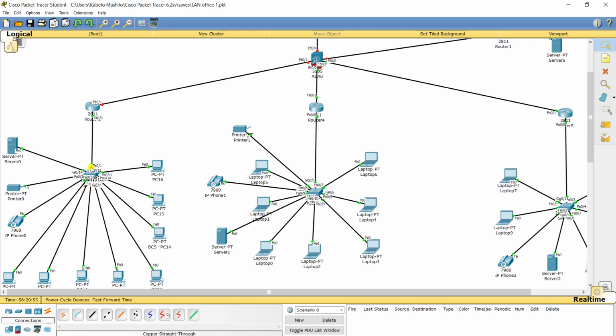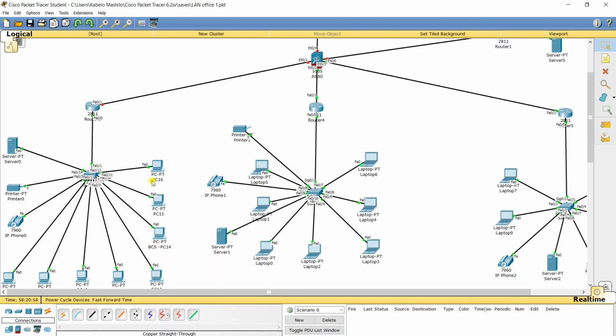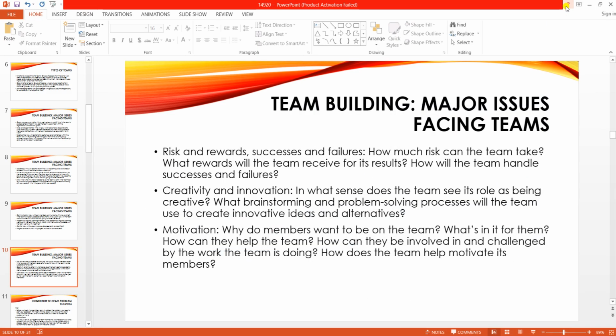So now if we shut down this switch, employees won't be able to communicate through the internet. So those are some of the risks that team leaders need to take. It depends on the problem that is encountered.